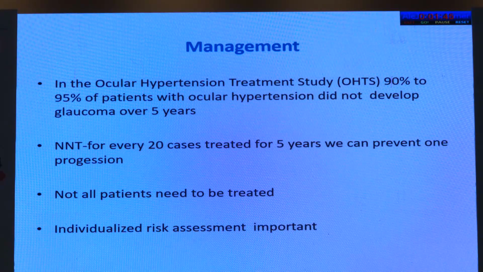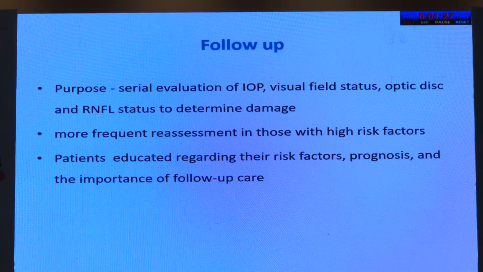Coming to the management part, it was seen in the Ocular Hypertension Treatment Study that 90 to 95% of the patients didn't develop glaucoma over 5 years. And the NNT, number needed to treat, is that for every 20 cases treated for 5 years, we can prevent only one progression. So individual risk assessment is important.